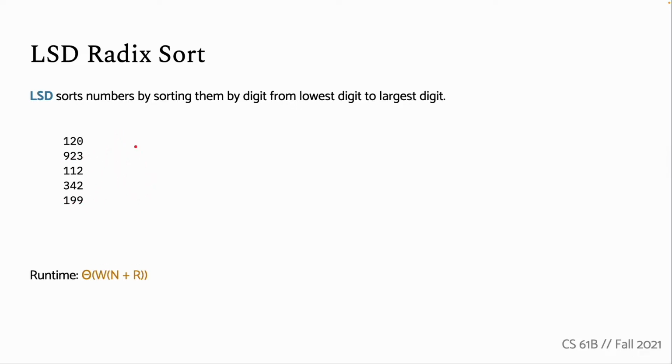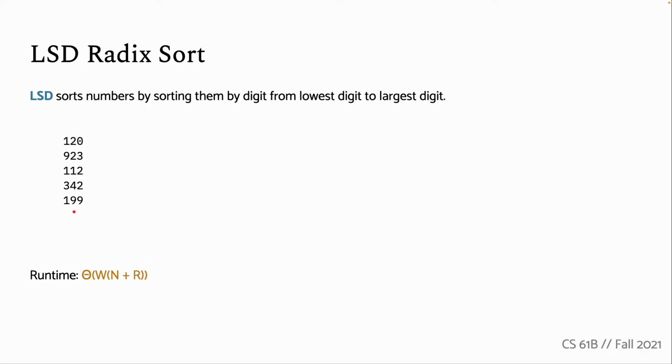Once that's done, we're going to sort by the second smallest digit and do the same thing, etc., until we have sorted up to the greatest digit, at which point we will have everything in sorted order. The runtime of this is W times n plus R, where n is the number of items in our list, R is the size of our radix.